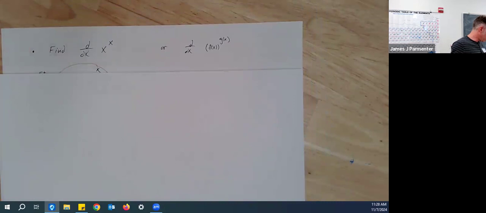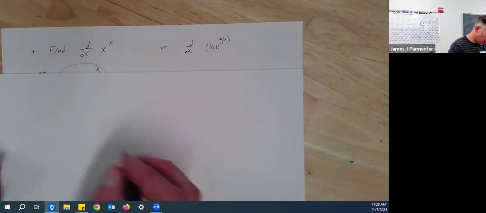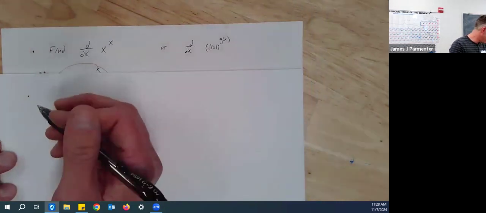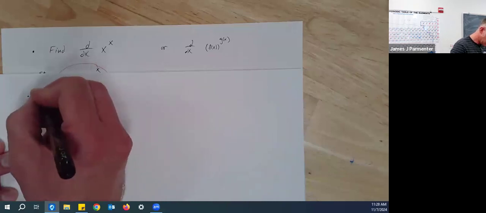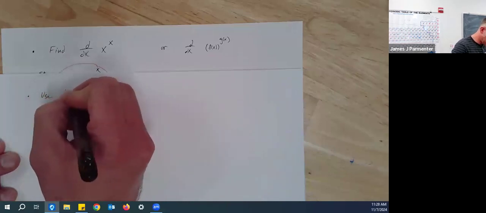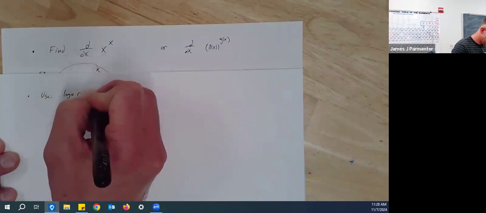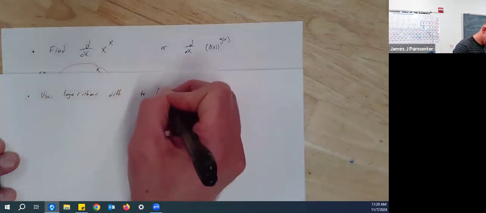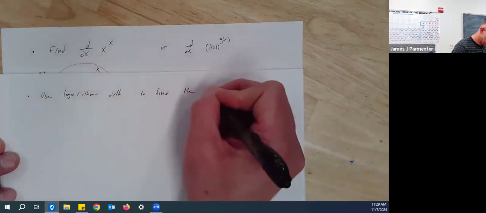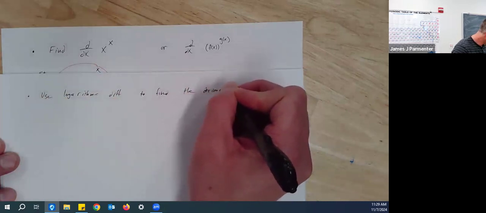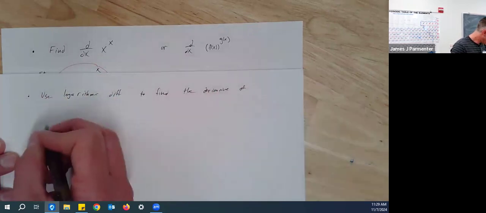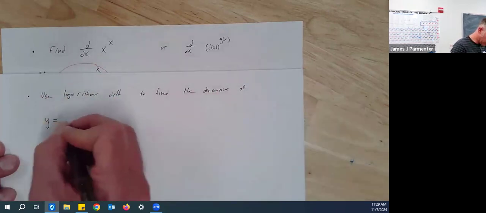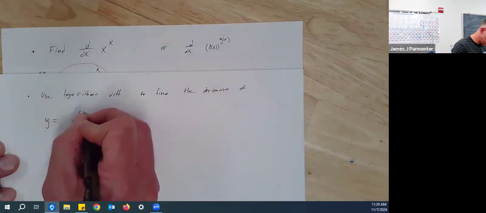So in the textbook, for problems 33 through 41, the phrasing is: use logarithmic differentiation to find the derivative of the function y equal to x to the sine of x, for example.